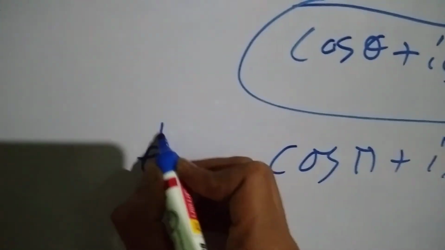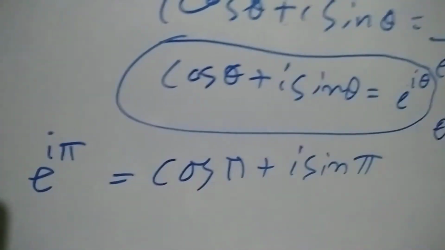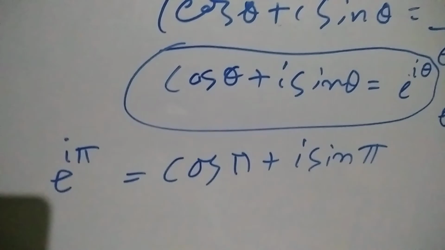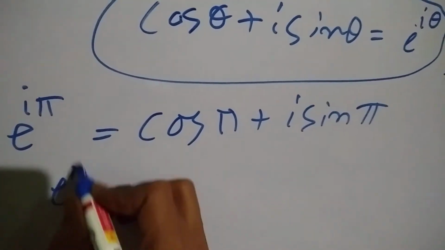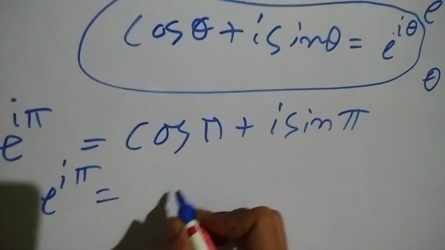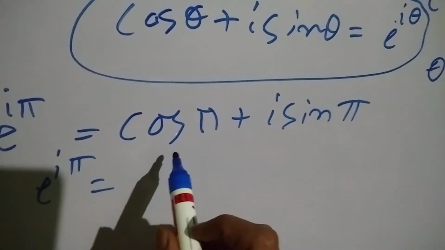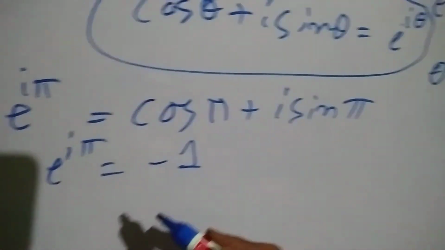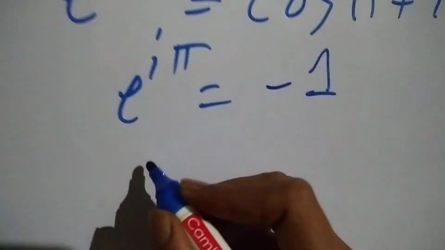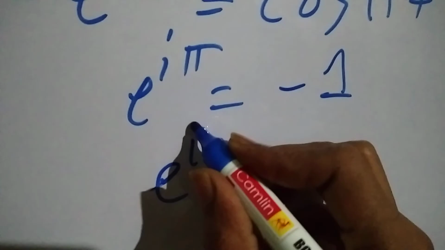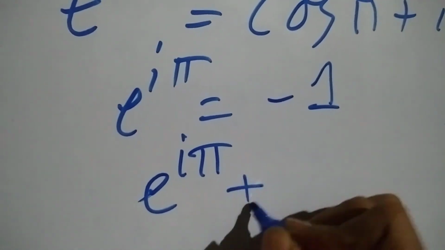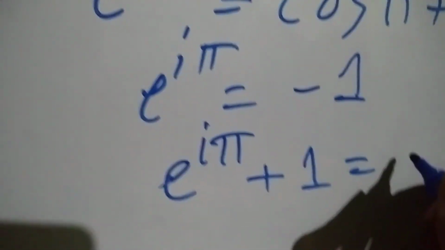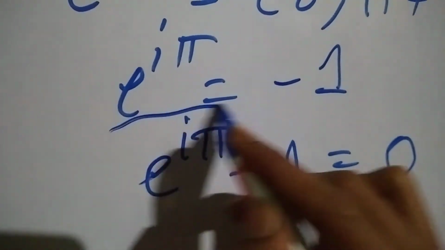We know the value of cos pi is -1 and sin pi is 0. So now this is going to be e^(i pi) plus 1 is equal to 0. This is the Euler identity.